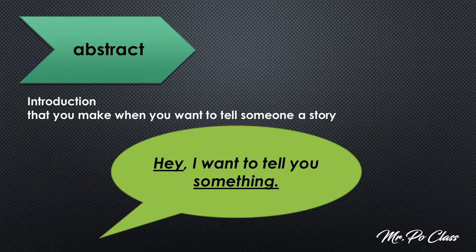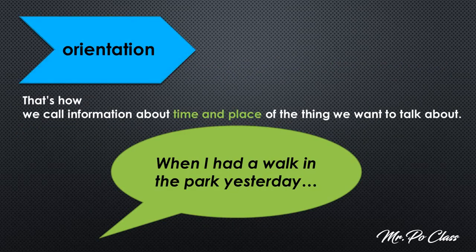Something like, hey, I want to tell you something. Then here comes orientation. That's what we call information about the time and place of the thing we want to talk about. For example, when I had a walk in the park yesterday, this is exactly orientation. It gives you both place and time of the event you are going to describe.